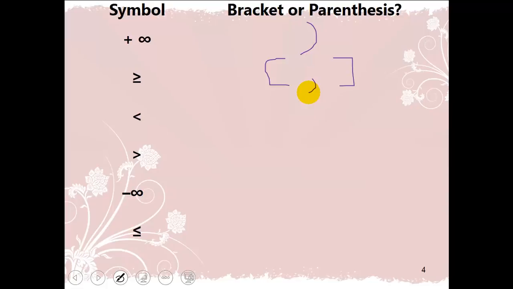A less than symbol is always going to use one of the parentheses. A greater than symbol is always going to use one of the parentheses. The negative infinity is always going to use a left-sided parenthesis, and a less than or equal to is going to use one of the brackets.